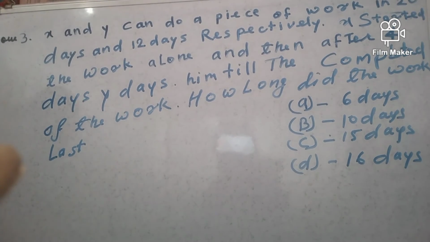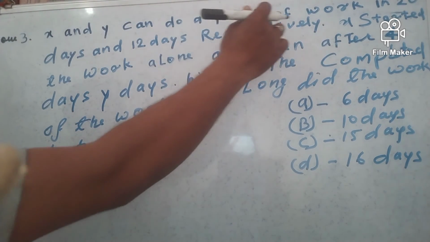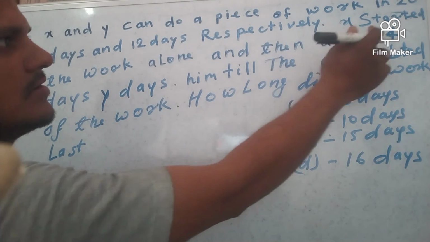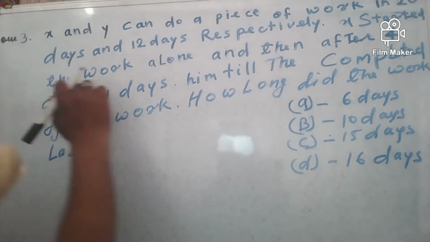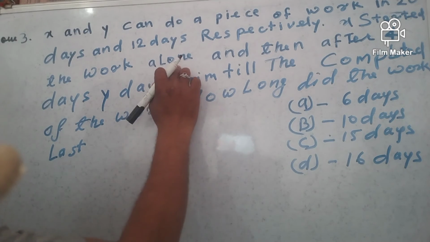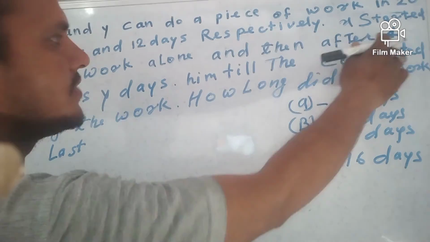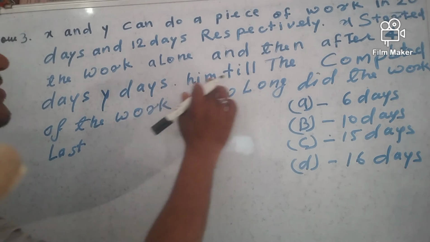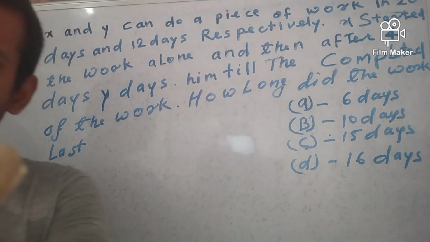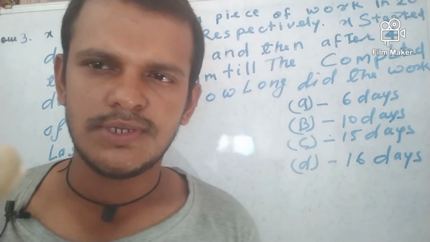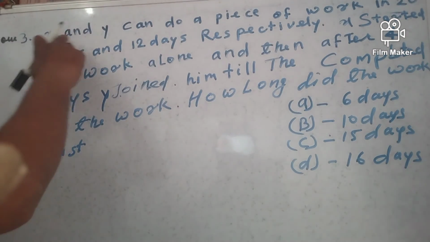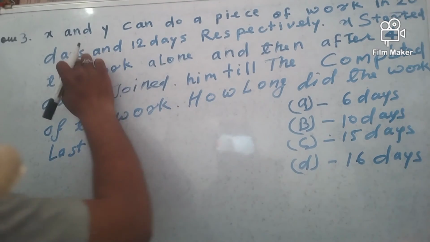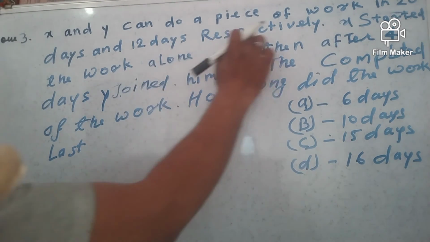Question number 3. X and Y can do a piece of work in 20 days and 12 days respectively.